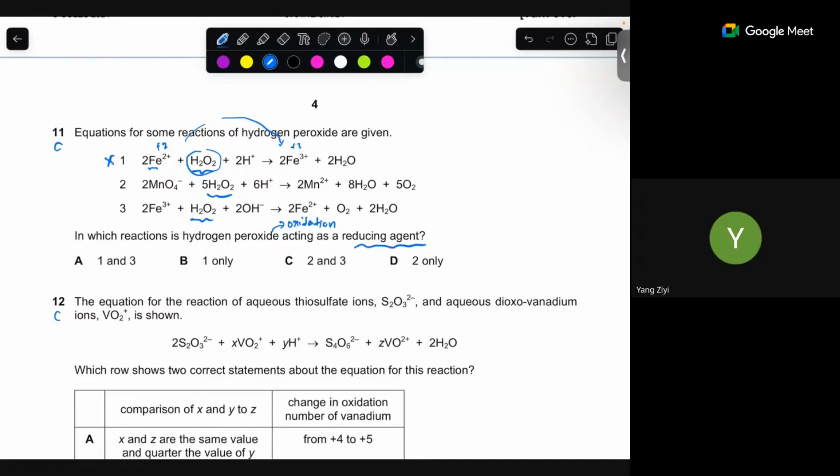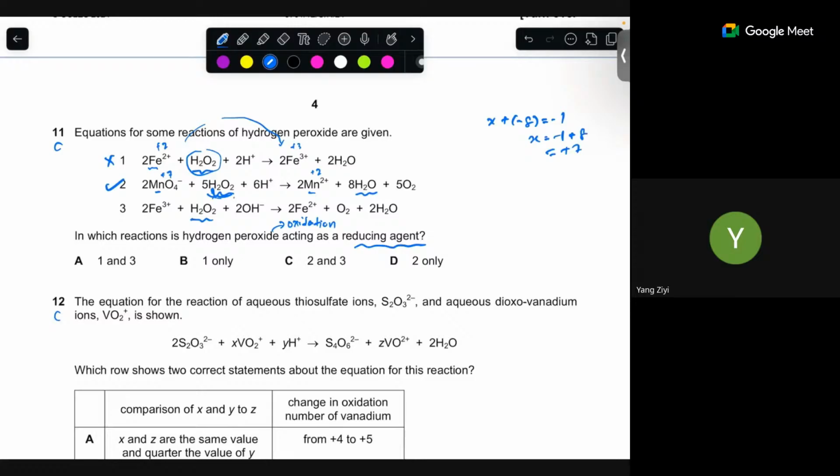And then here, if you use Mn over here, this is plus 2. To calculate this one, x plus 4 times negative 2 equals negative 1, so x equals negative 1 plus 8, so plus 7. We know this is acidified potassium manganate(VII). Plus 7 to plus 2 is going to be reduced, so this is possibly H2O2 acting as a reducing agent.